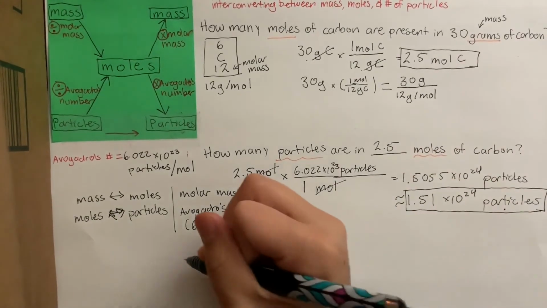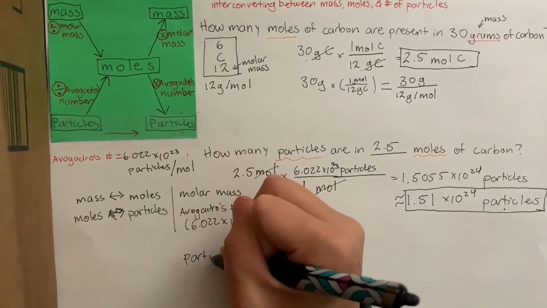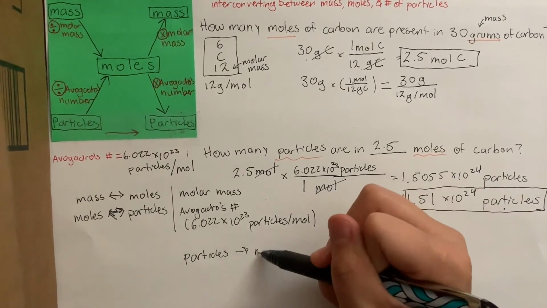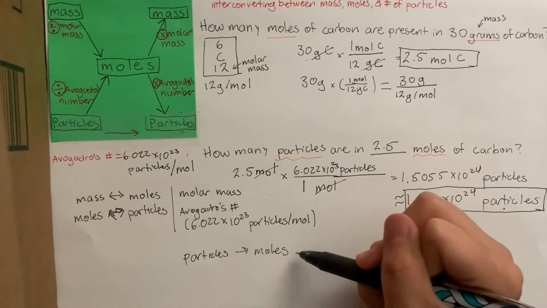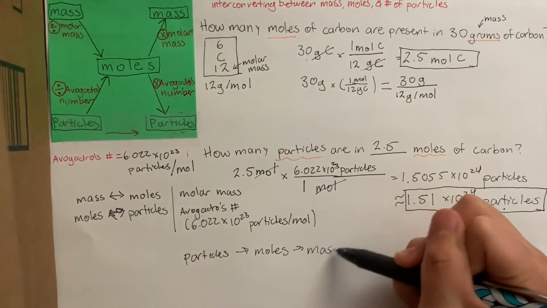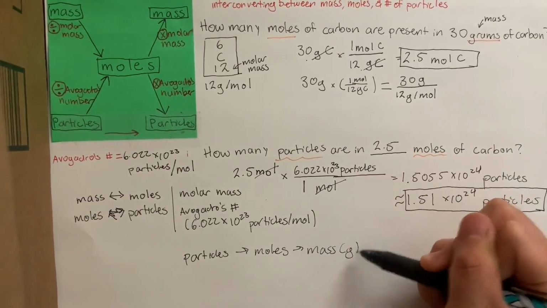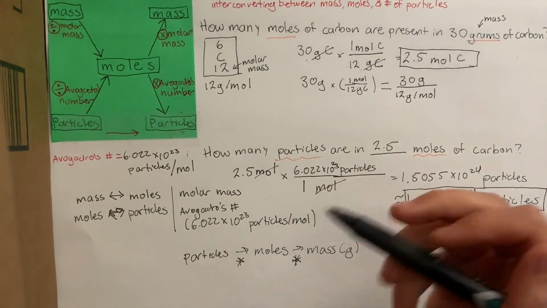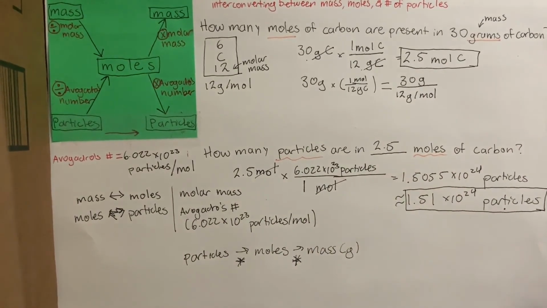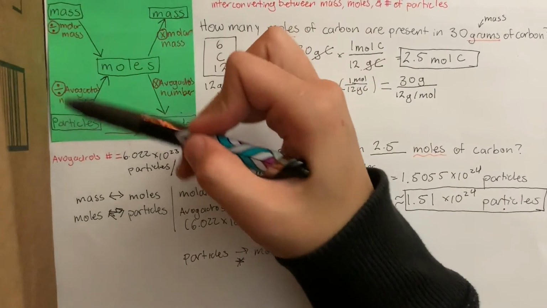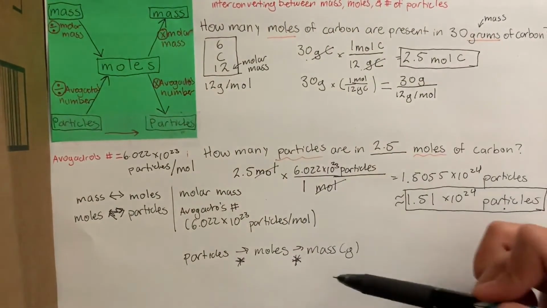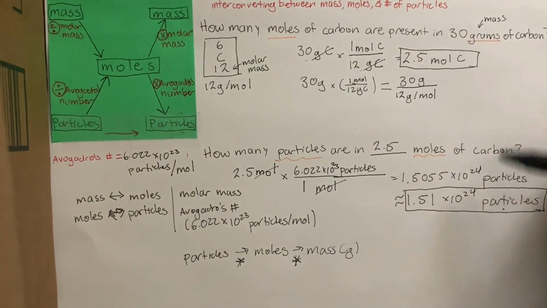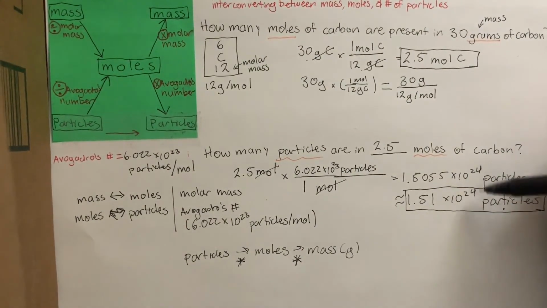So pretty much particles to moles to mass in grams. At each of these arrows or steps, there is a conversion factor that you will be using. If you need some extra help, try using this diagram to solve it. You should get the exact same values as what you did going forwards as you do going backwards.